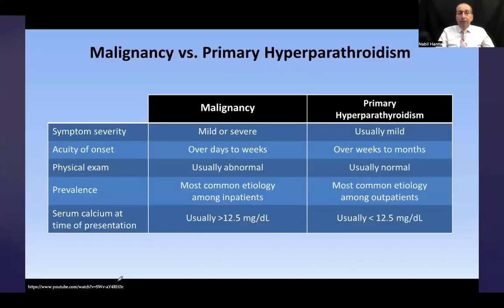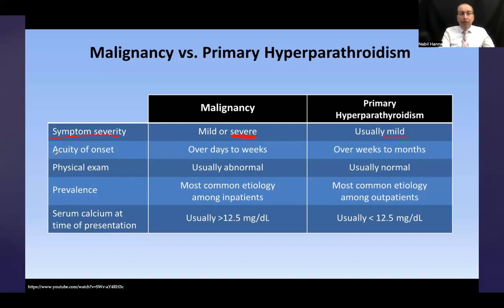So how to differentiate between malignancy as a cause of hypercalcemia and hyperparathyroidism as a cause of hypercalcemia? When we look at the symptom severity, the hypercalcemia of malignancy is usually severe, but the hypercalcemia of hyperparathyroidism is usually mild.